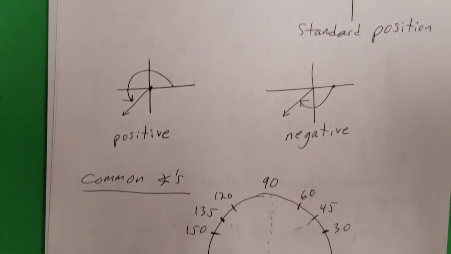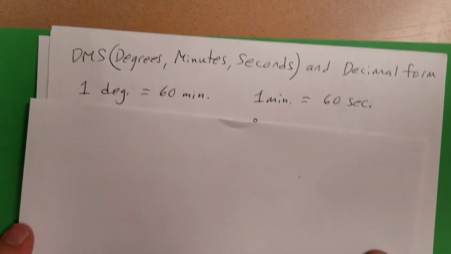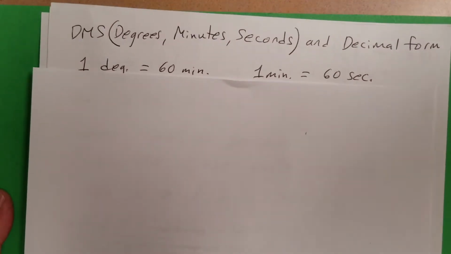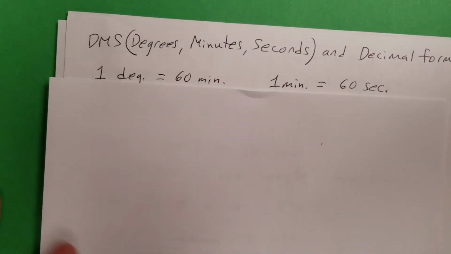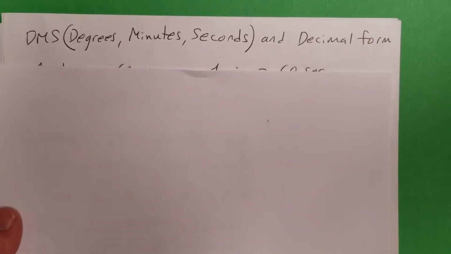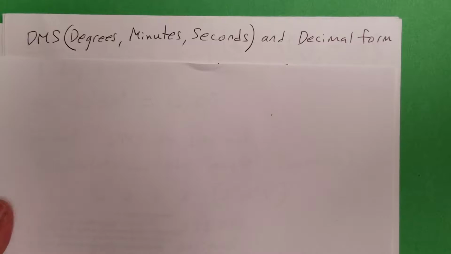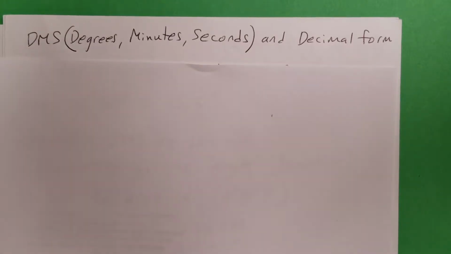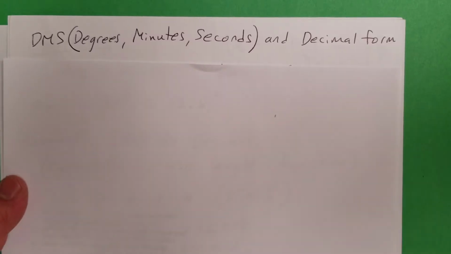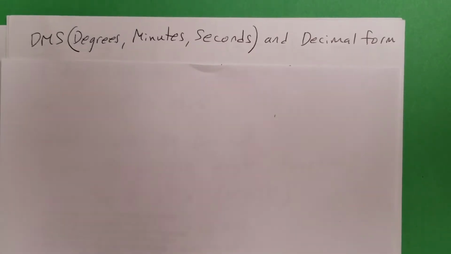Next, DMS stands for degrees, minutes, seconds, and decimal form. So think about the clock for a second.